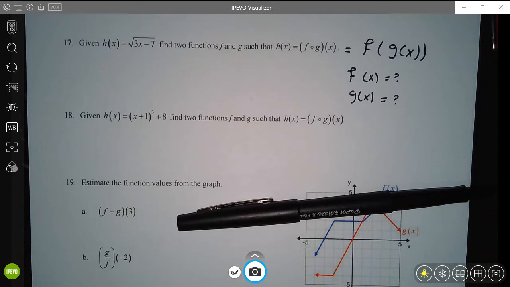X squared plus 5x plus 2. Okay, but how would that lead you to root of 3x minus 7?